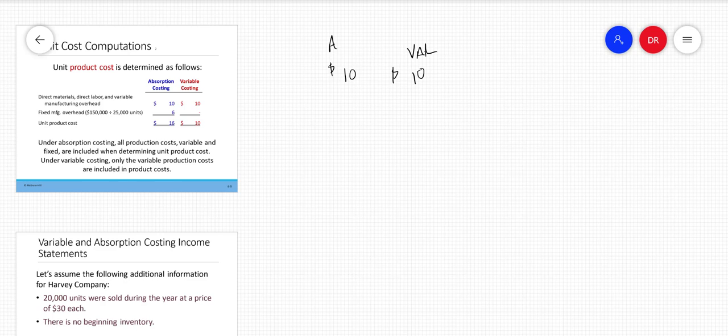The $10 product cost is always going to be there for variable. For absorption, we're going to take the $150,000 in fixed overhead.